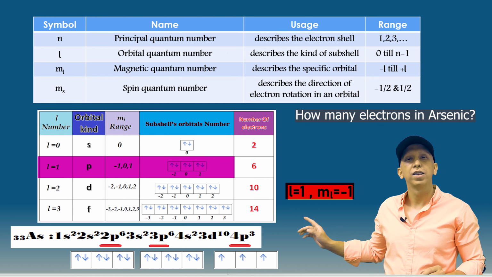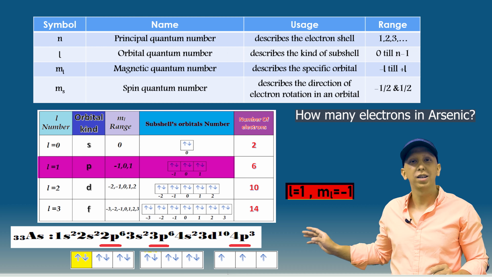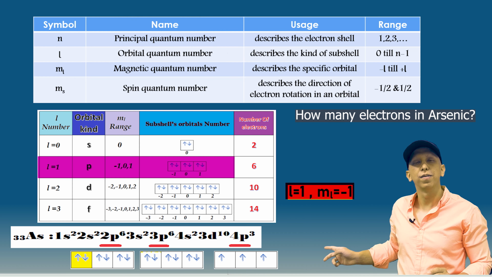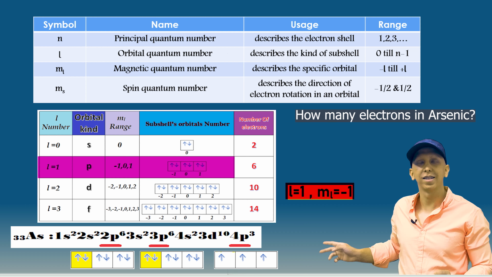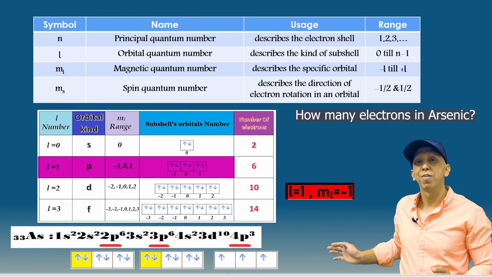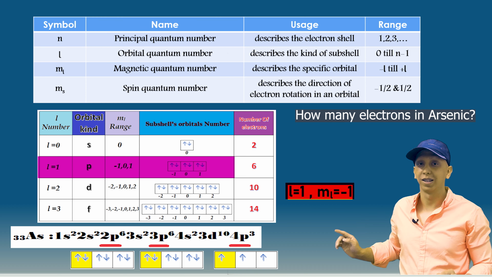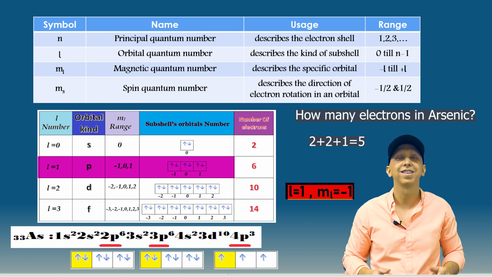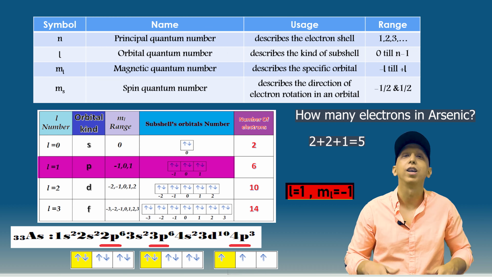So we have a -1 in 2p6 containing 2 electrons, and again a -1 in 3p6 with 2 electrons, and we have a -1 in 4p3 with 1 electron. So 2 plus 2 plus 1 becomes 5, and it's the answer to our question. It's done.